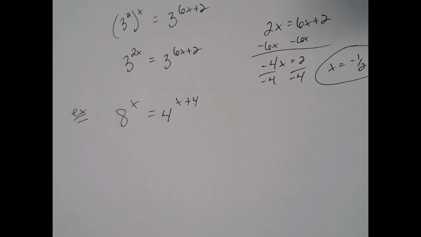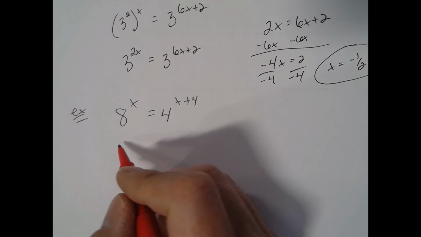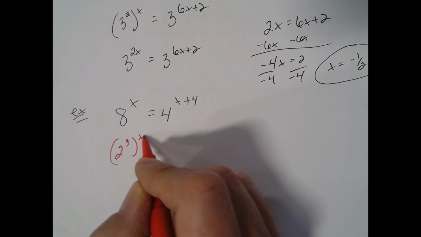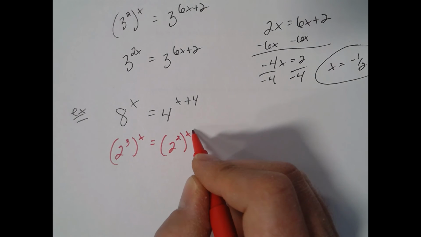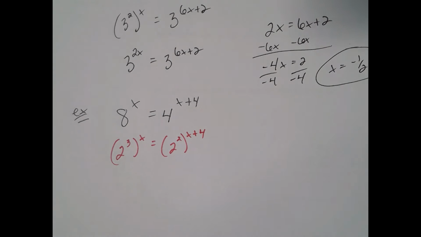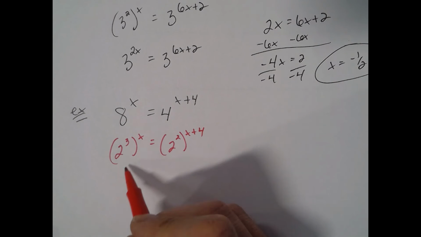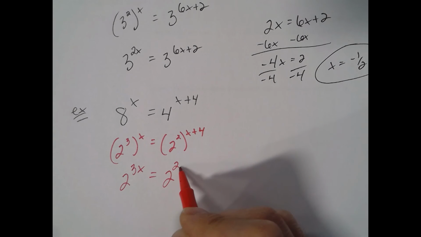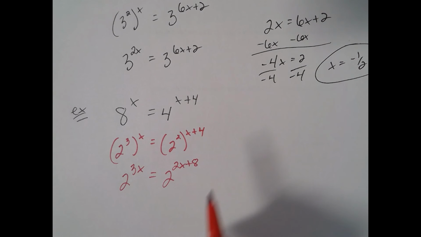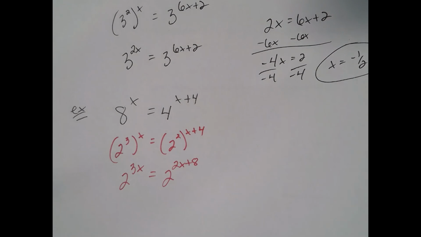So we can write 8 as 2 cubed, and we can write 4 as 2 squared. And then you can multiply, so it's 2 to the 3x equals 2 to the 2x plus 8. Remember to distribute the 2 to each of them. And then set the exponents equal to each other.